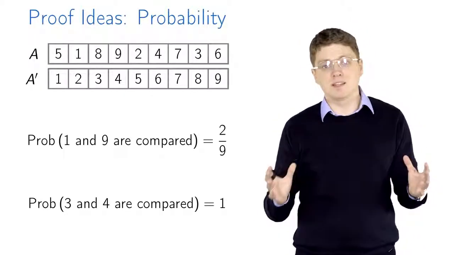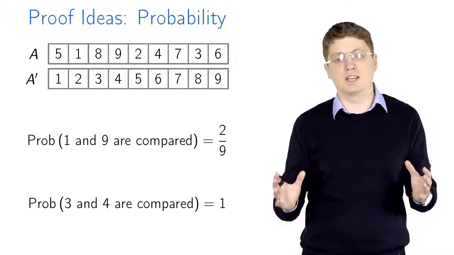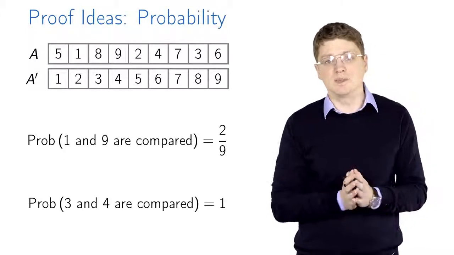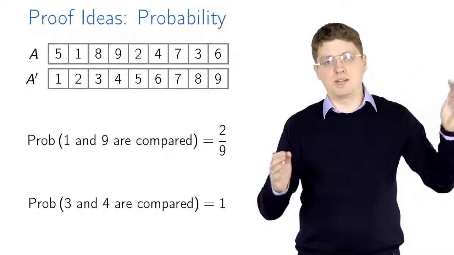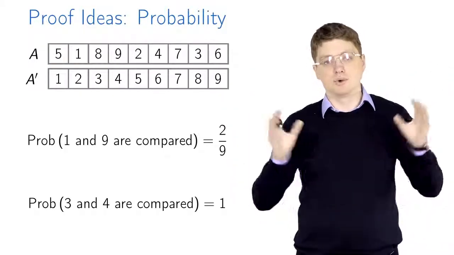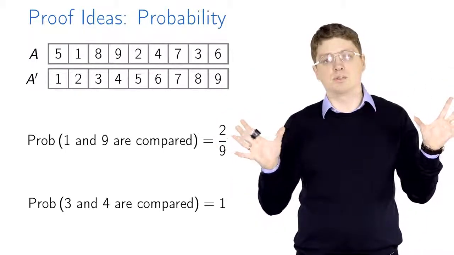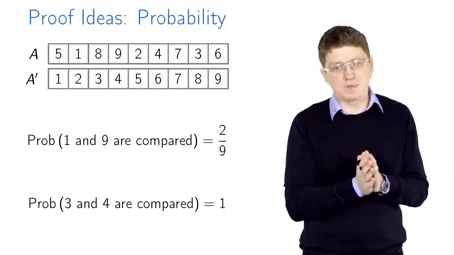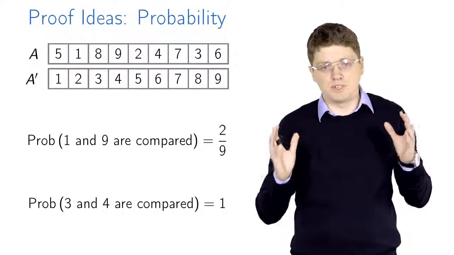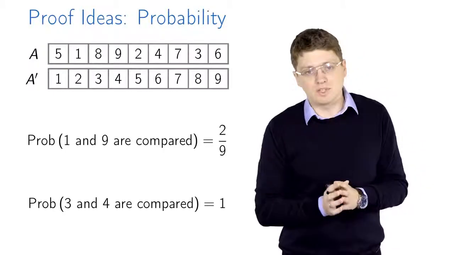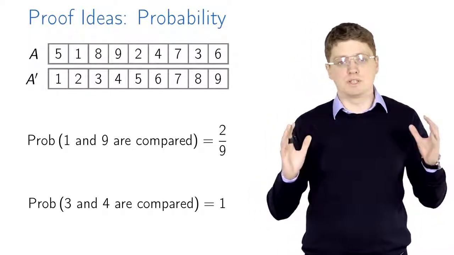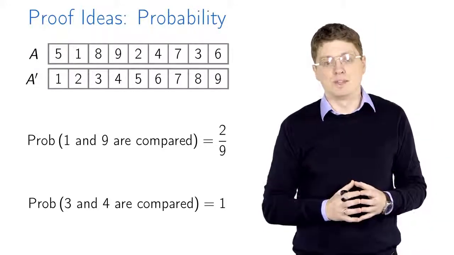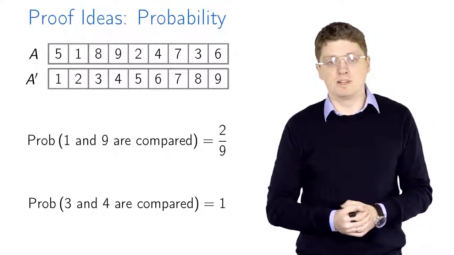I mean, for 1 and 9, there are 7 such elements, all the other elements. If we partition with respect to any other element, we already know that 1 is smaller than 9 because they go to different parts with respect to this pivot. For 3 and 4, there is no such element. So the algorithm just must compare these 2 elements to be sure that 3 is smaller than 4. So in this case, the probability is 1.